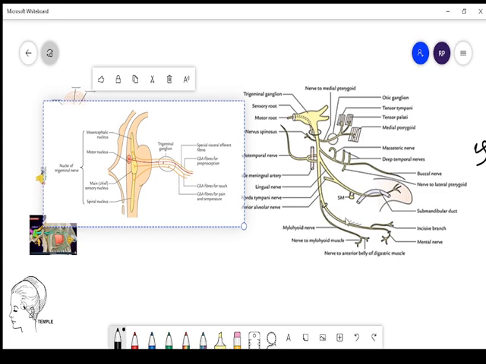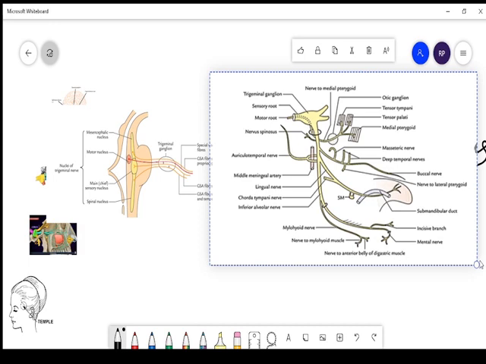And then after entering into the mandibular canal, it divides into 2. One is incisive branch, another is mental branch. The incisive branch gives sensation to first premolar, canine, lateral and central incisor, and the mental branch brings sensation from the front of the chin and lower lip. So now the mandibular division is completed.